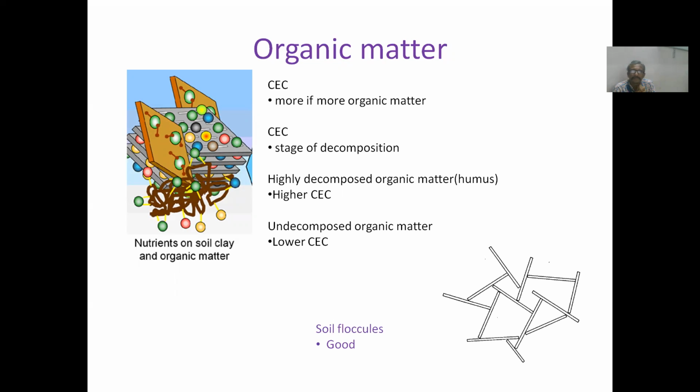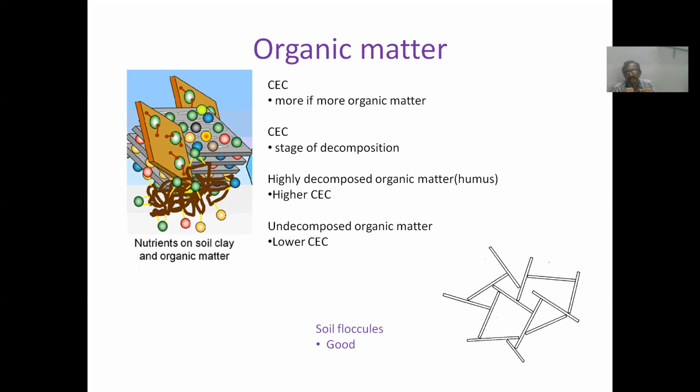With regard to how the diffuse double layer and cation exchange capacity vary when you have more organic matter, we will see. If you have more organic matter in the soil, you will have more locations for storing cations. And in organic matter content, the stage of decomposition is also important. If you have undecomposed organic matter, then you cannot expect more cation exchange capacity.